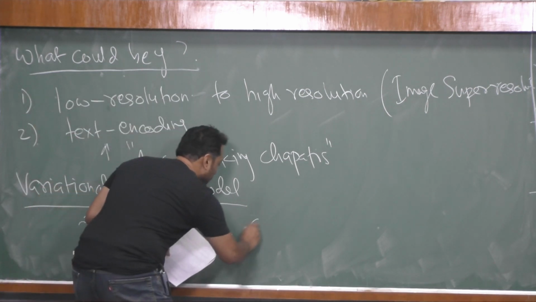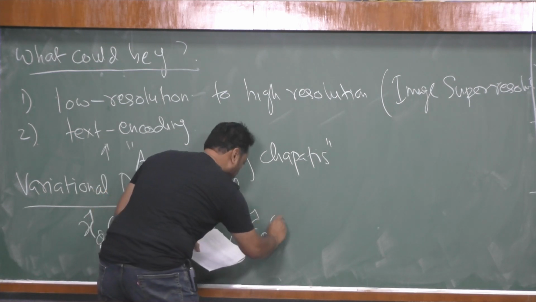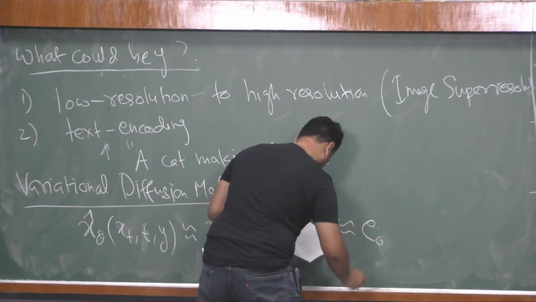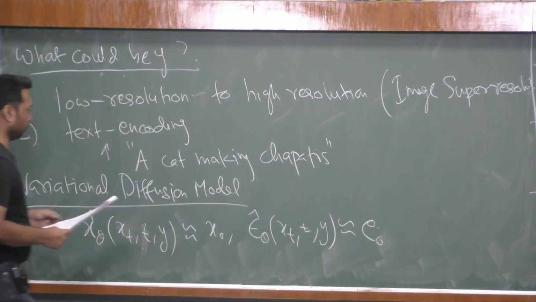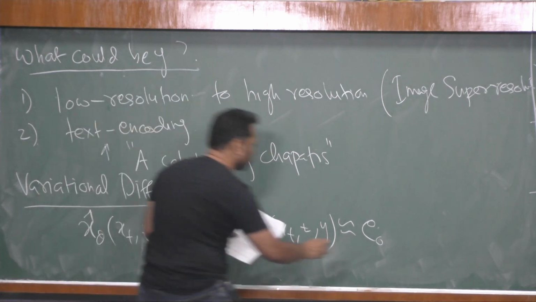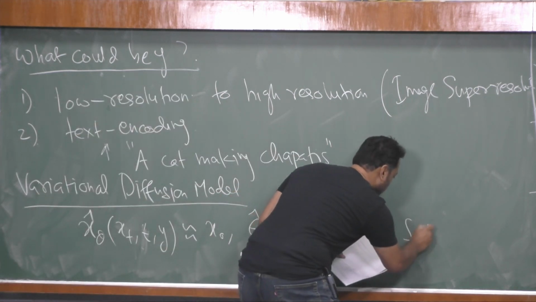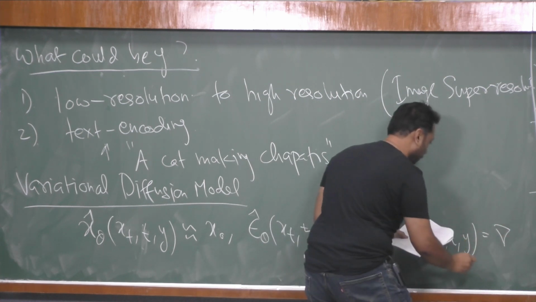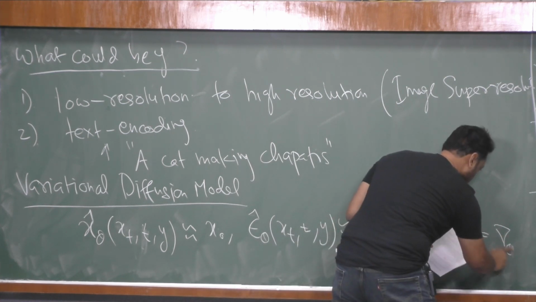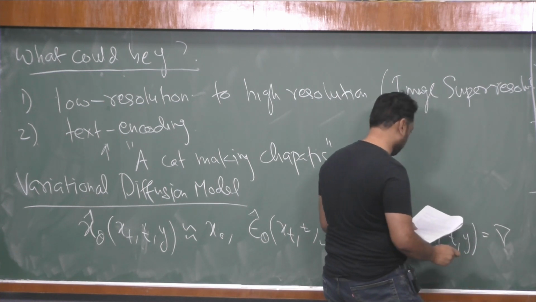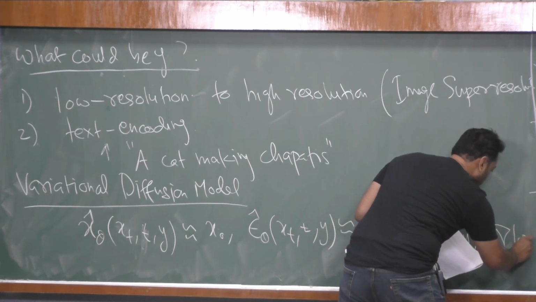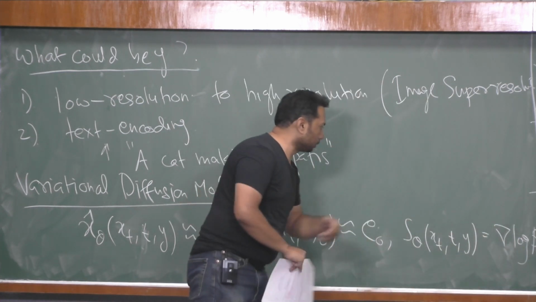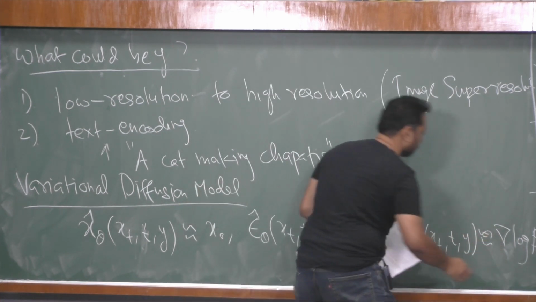Then we had epsilon theta of xt, t, y, and this we are trying to predict as epsilon naught. And so on. If we want to do the score based model, then this is s theta of xt, t, y, the prediction for the actual score, which is approximately equal to the true score.